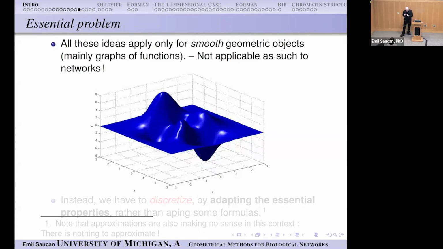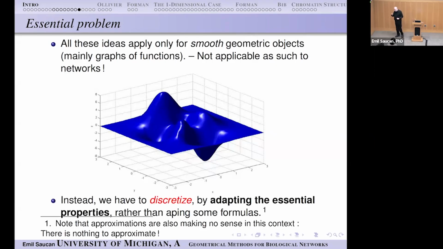So the idea is not to do that, but to do something else, which means to discretize. One instinct of people who work in computer science, graphics, imaging is to approximate. But there's nothing to approximate. When you have a graph, a protein-to-protein interaction network, it doesn't approximate anything smooth. There is nothing to be approximated by it.